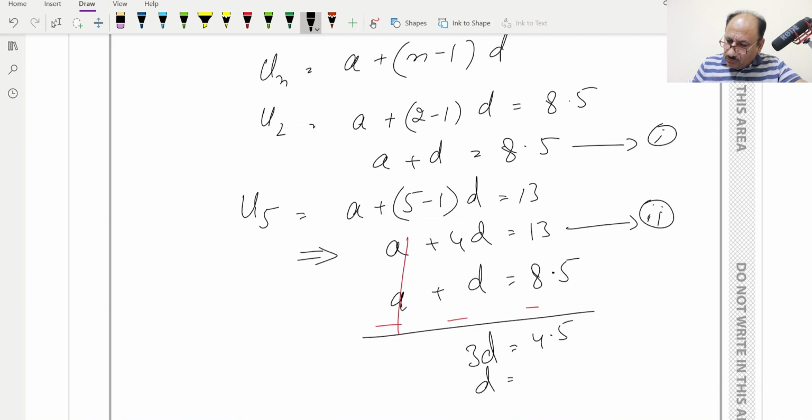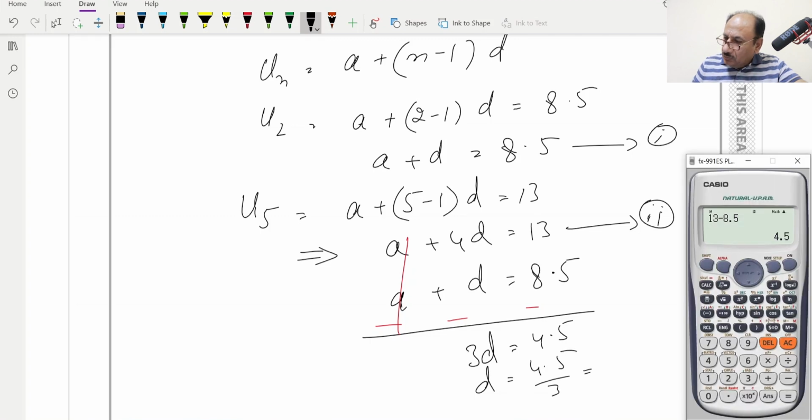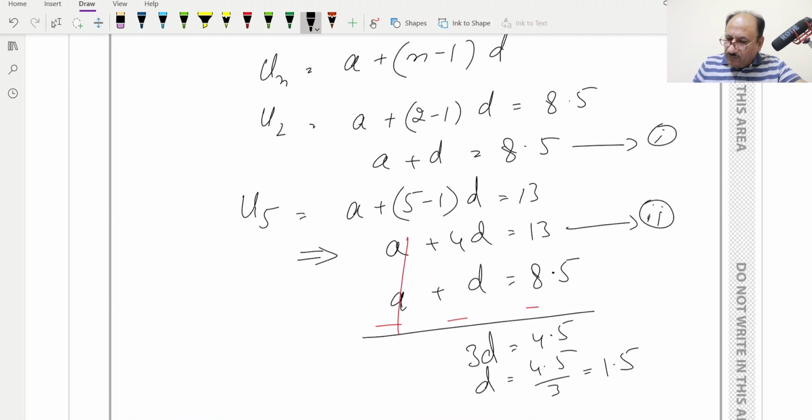So d is equal to 4.5 over 3, which is equal to 1.5. So 1.5 will be the d value.